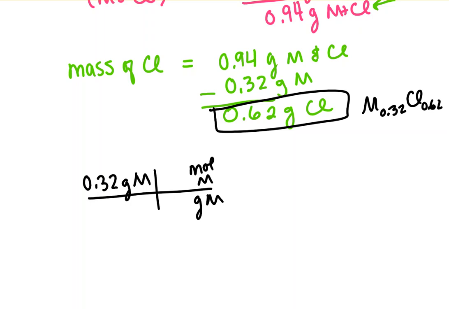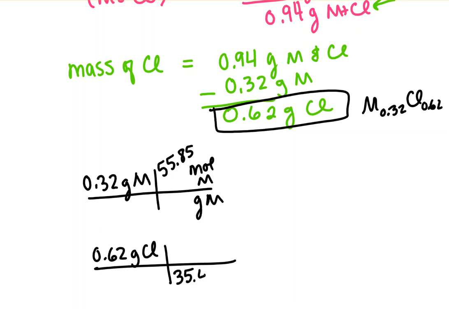This is where you need to use a molar mass, and I put one up above for my fake metal. I'll do the same thing with the chlorine. You want to use extra digits on this, so I have a little bit more.